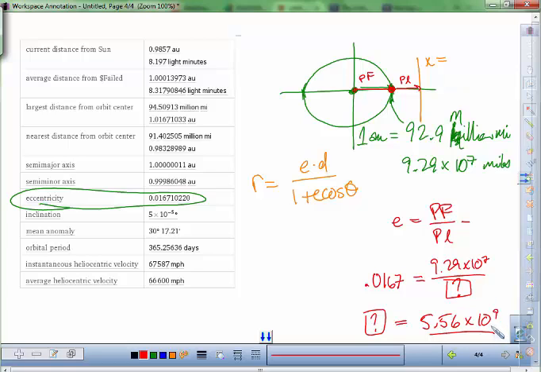This is PL. So if we want x equals 2, what do we need to do? PF and PL: you've got 9.29 times 10 to the 7th, and then 5.56 times 10 to the 9th, and what is that finally going to equal? 5.66. So that's our directrix.